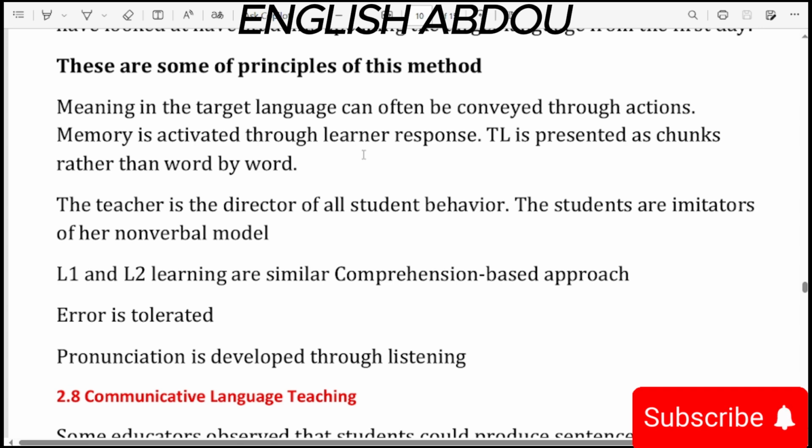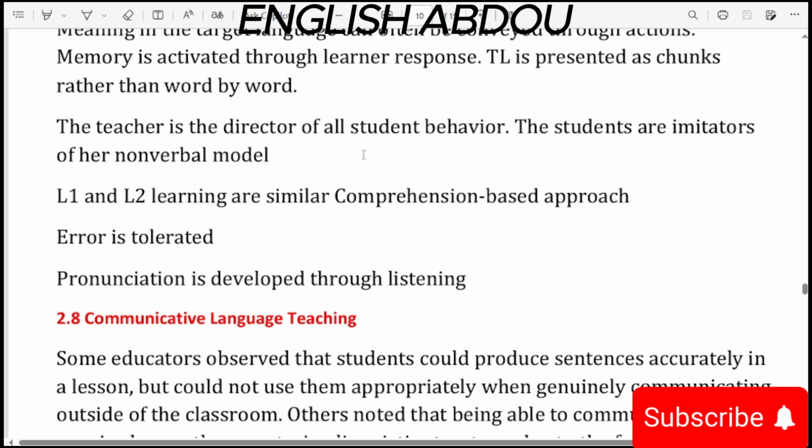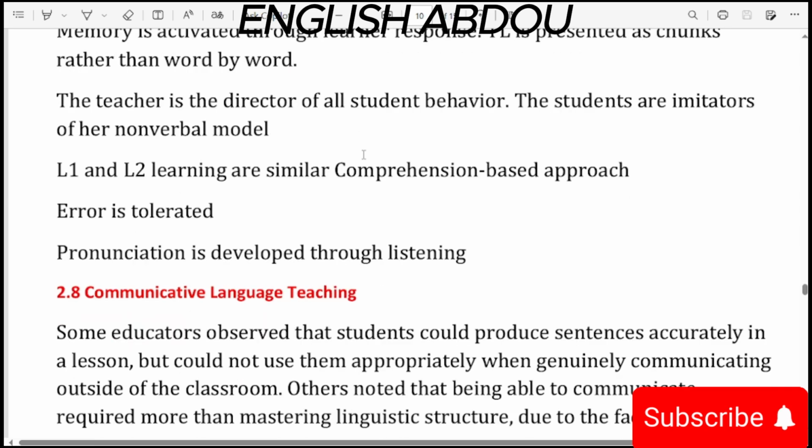The target language is presented as chunks rather than word by word, meaning he gives phrases: time, close the door, good morning, good afternoon, what is the time, etc. Chunks. The teacher is the director of all students' behavior, and the students are imitators of a nonverbal model.